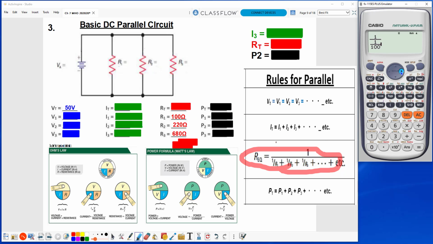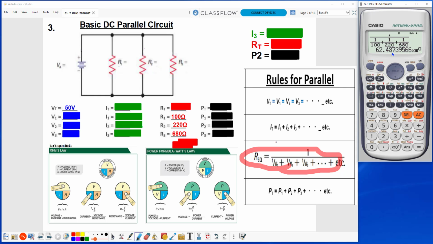Scroll over, hit plus, hit 1, hit over under. We're going to put the value of the second resistor, 220 ohms. Scroll over, hit plus, 1, over under 680 ohms. Hit equals, hit engineering.